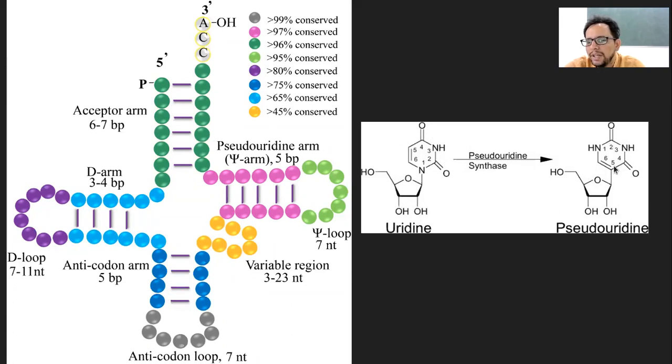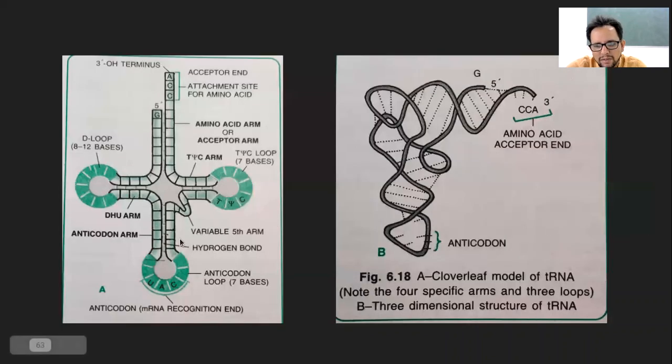And pseudouridine has the same molecule of uracil, but the sugar is attached on the 5th carbon. So from the first nitrogen, the sugar molecule is shifted to the 5th carbon, and this reaction is catalyzed by pseudouridine synthase. So these base pairs that you see in dark blue here, they are made up of this pseudouridine.